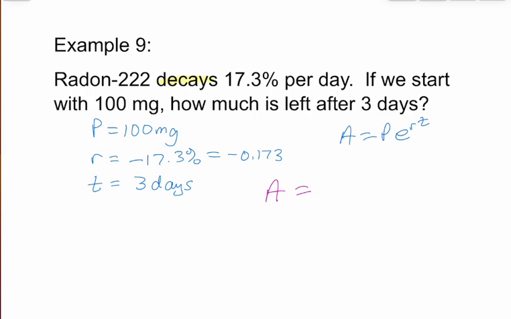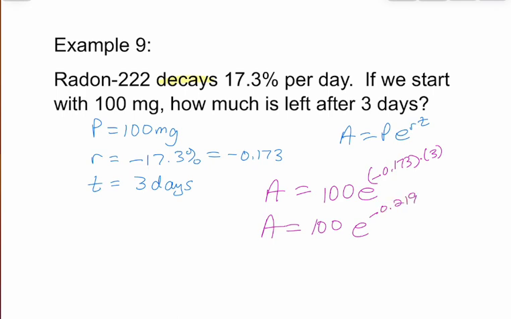So we get 100 e to the negative 0.173 times 3 power. Now, just so you don't mess that up, you either have to put the power in parentheses, but I'm just going to do it right now. 0.173 times 3 gives us a power of negative 0.519.